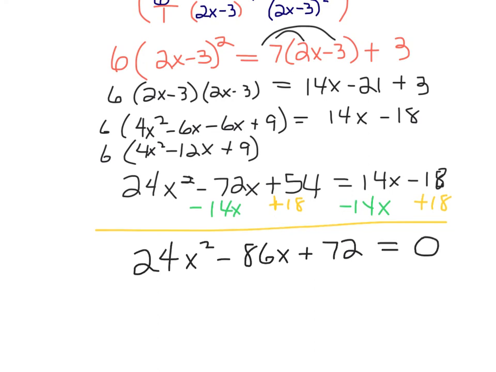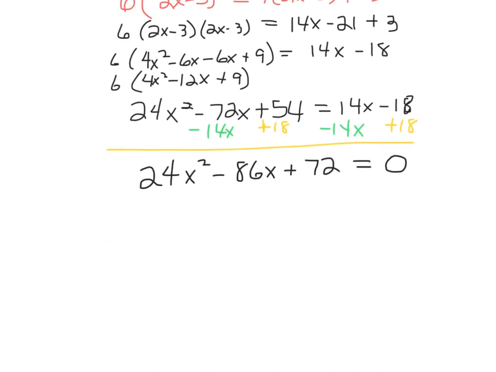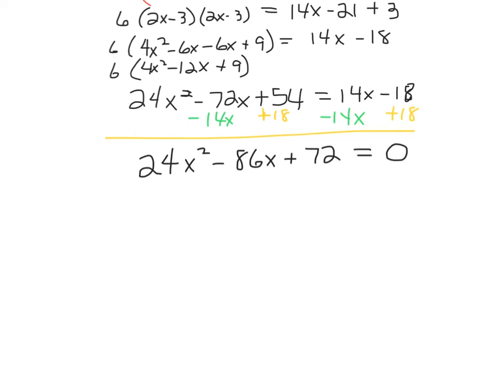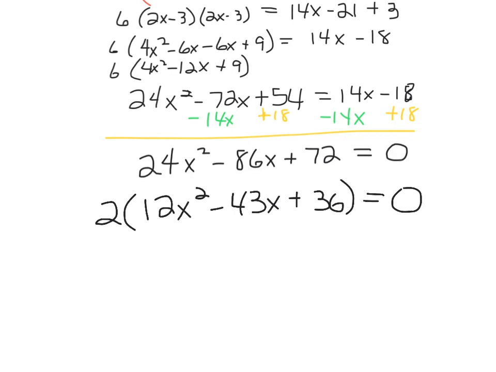So now, I need to first look for a GCF. You should always, whenever you're doing any of these problems, look for a GCF first. This one I can actually divide by 2. So once I make it smaller, divide by 2, and I get 12x squared minus 43x plus 36 equals 0.